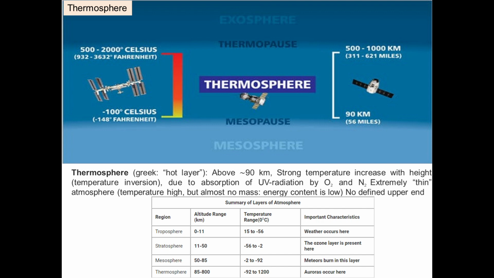When you come to the temperature range variations, in the first layer, the troposphere, the temperature decreases up to minus 56 degrees Celsius. Then the temperature increases further, due to the presence of the ozone layer, up to minus 2 degrees Celsius.